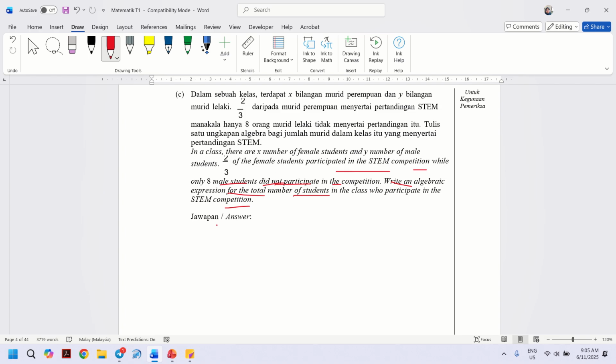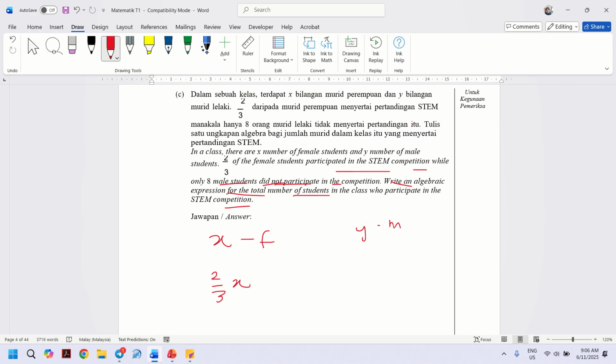First, X is for female and Y is for male students.